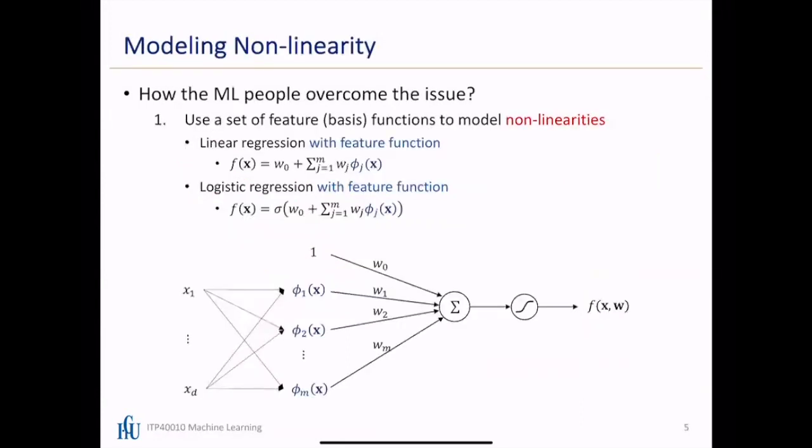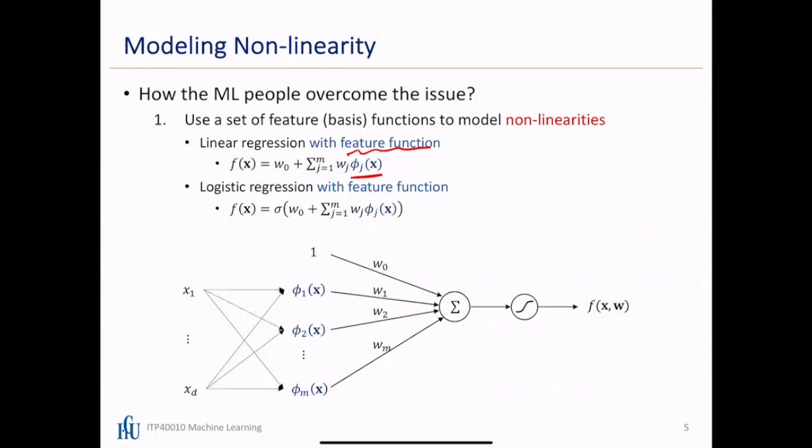But still, people did not give up, and they tried to find how to model nonlinearity using the perceptron model. One way to deal with nonlinearity that we have discussed is using the feature function. Using feature function phi instead of a simple input, you could model the nonlinearity: a combination of x1 and x2, a combination of x squared and x cubed, something like that.